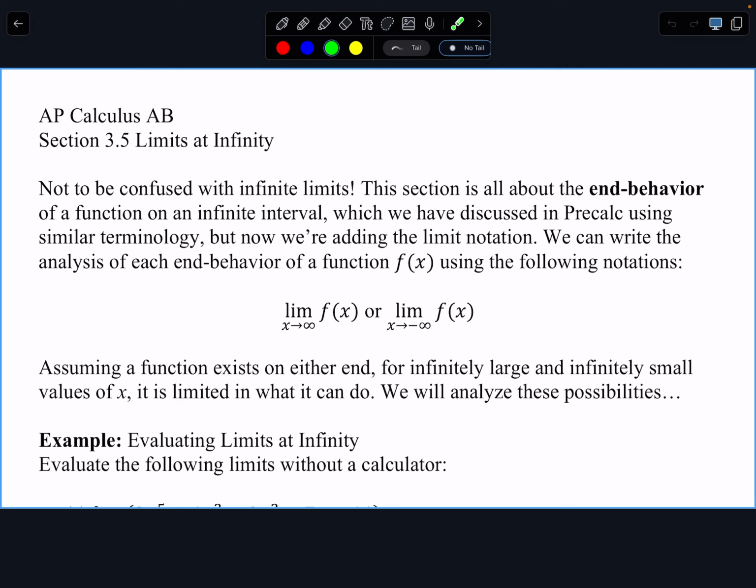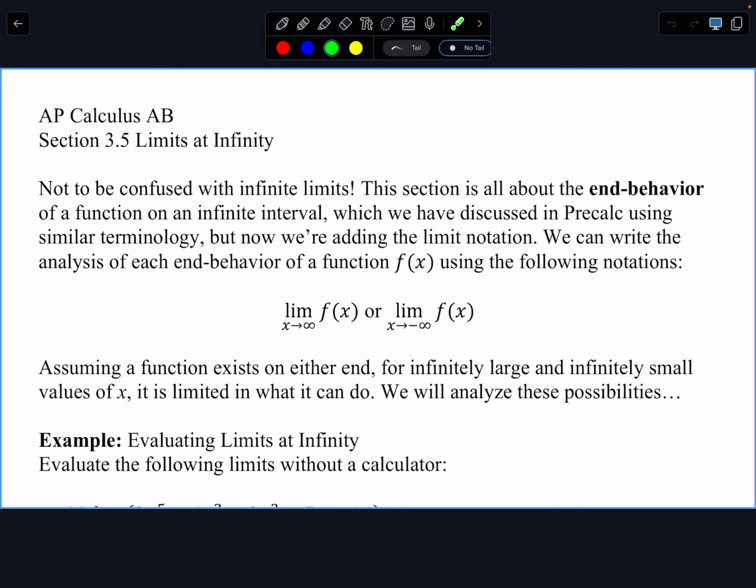Remember where I would give you questions like, as x approaches infinity, f of x approaches fill in the blank, right? Where the function would either be approaching positive infinity, negative infinity, or a number, a horizontal asymptote. There would be a horizontal asymptote. So that's very much what we're still thinking.